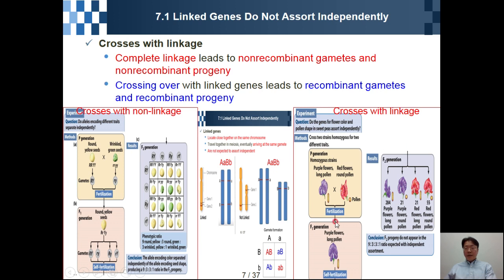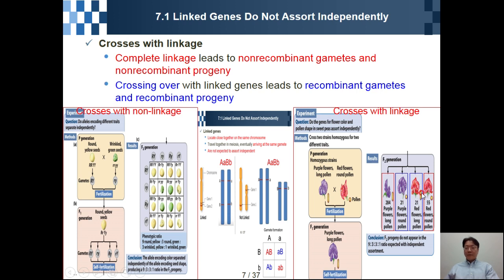So how about in these cases? In the F2 generation, we have the non-recombinant progeny, purple and long pollen, and also red and round pollen. But we also have recombinant gametes and recombinant progeny like this, for example purple and round pollen and red and long pollen.